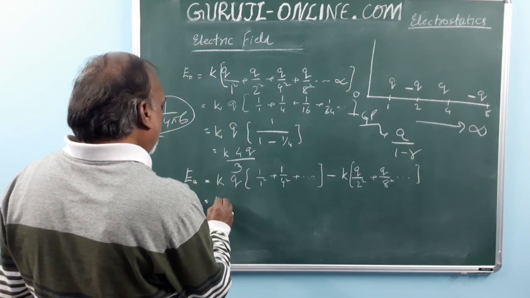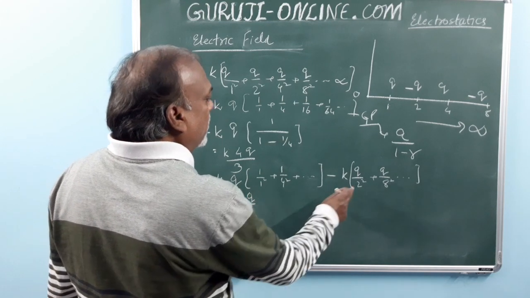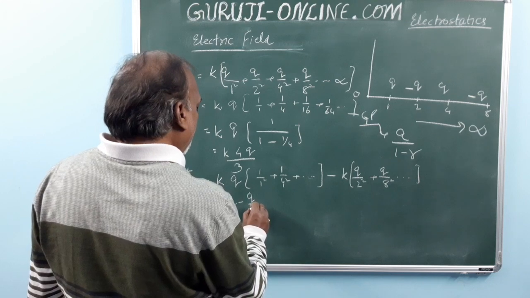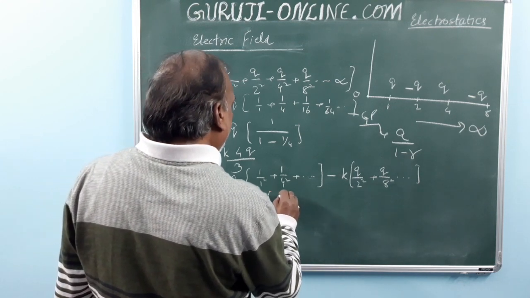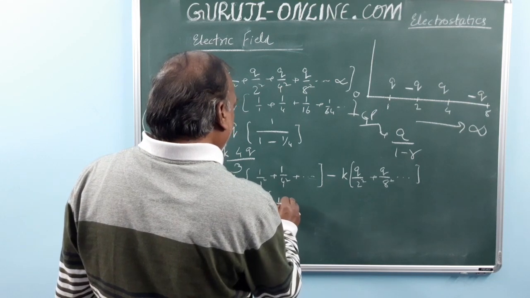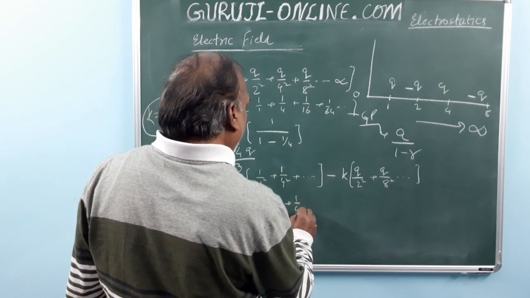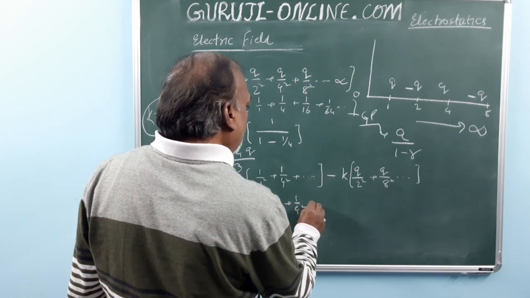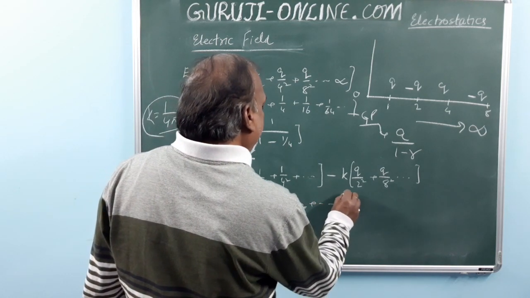So this can be KQ times (1 by 1 square plus 1 by 4 square, like that). Correct?